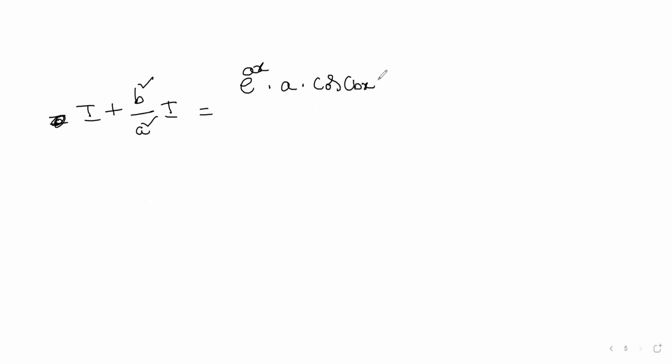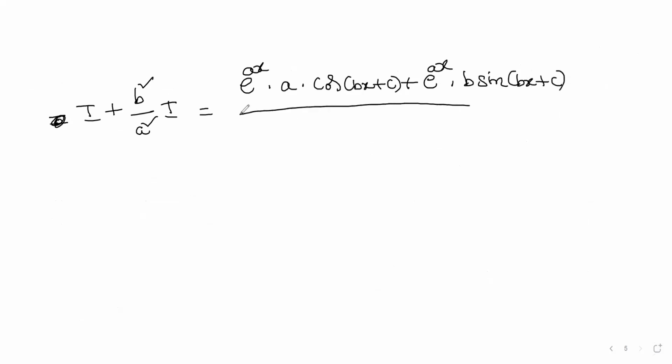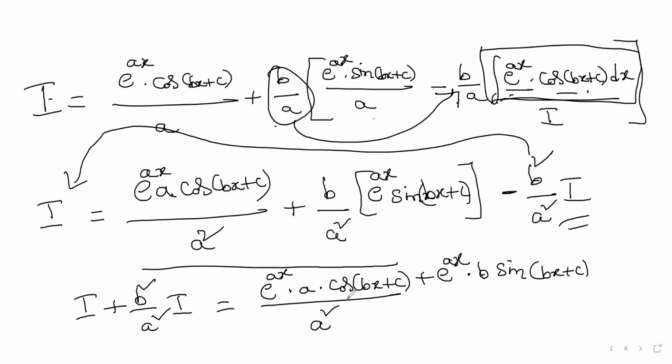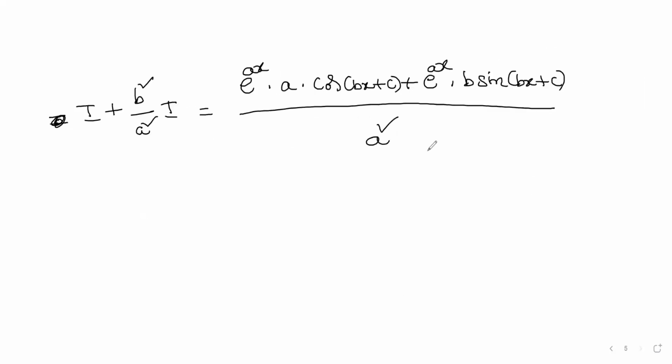I am rewriting the same step, and e power ax into b times sine bx plus c. This is what you have got, whole divided by a square, right? So let's check this term once again. That is a cos bx plus c, b sine bx plus c, e power ax is over there, and then a square is there. So that is what I have written over here.